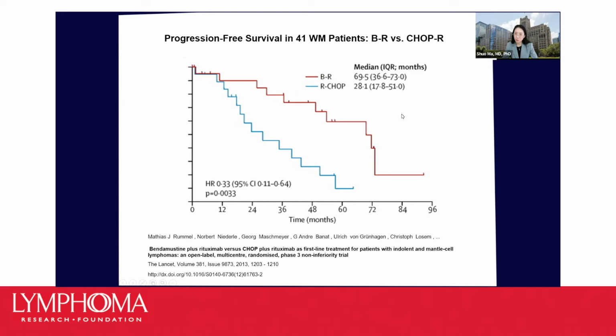So it's a better tolerated regimen, and it gives you a similarly very high response rate and much longer duration of response. That's why BR has become the more favored frontline immunochemotherapy combination, in particular for patients who are fit or younger patients who we think can tolerate it relatively well. Even for older patients, we can often use this regimen with a reduced dose of the chemotherapy.